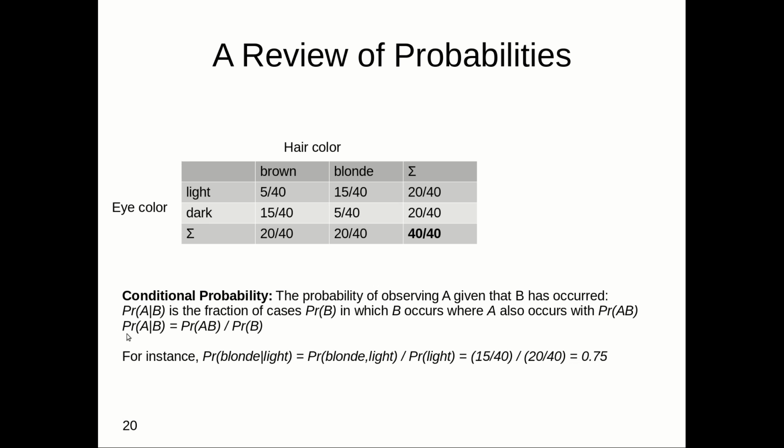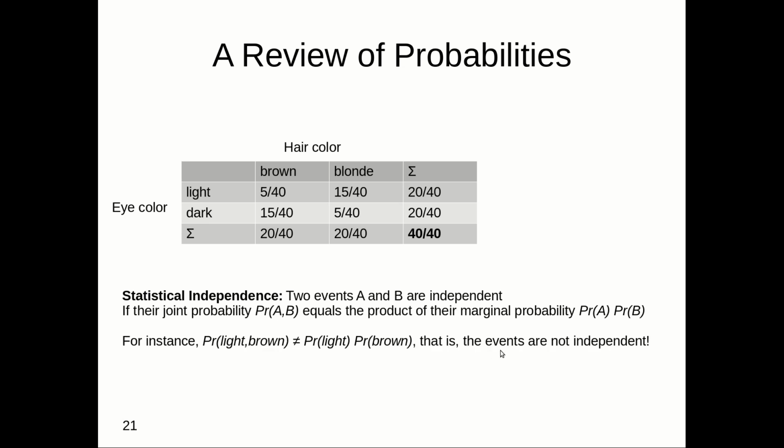So basically, the conditional probability of observing A given B is the joint probability of observing A and B divided by the probability of observing B. For instance, the conditional probability of drawing somebody from our sample with blonde hair and light eye color is the joint probability of having blonde hair and light eye color divided by the probability of observing somebody with light eye color. So this is 0.75. Right.